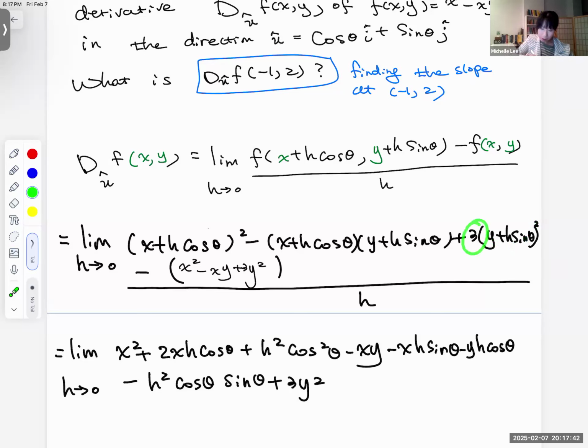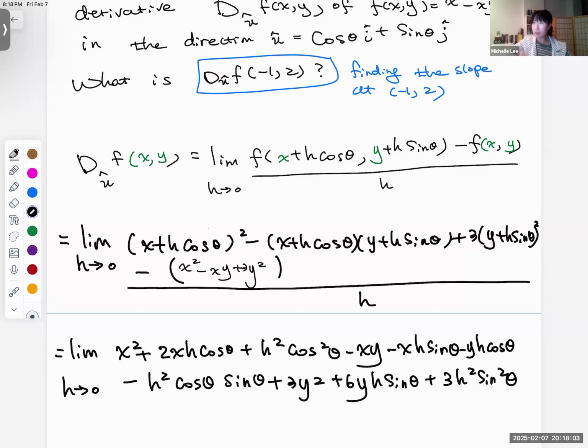And then we have a 3 there, so 6yh sine theta, right? Plus last term squared, so h squared sine squared theta times 3, right? So 3h squared sine squared theta. Okay. The last term, we just distribute all the sign.